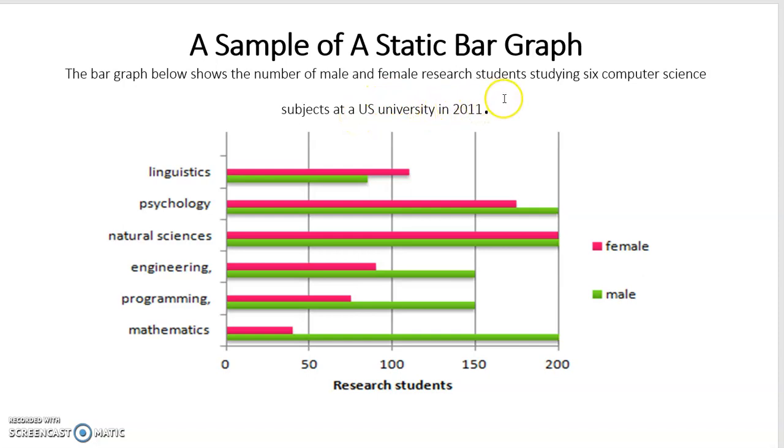Even though it has a year mentioned here, it only happens in 1 year. Because of that, it is a static graph. So we have 6 different computer science subjects here: 1, 2, 3, 4, 5, 6. And then let's look at the analysis.